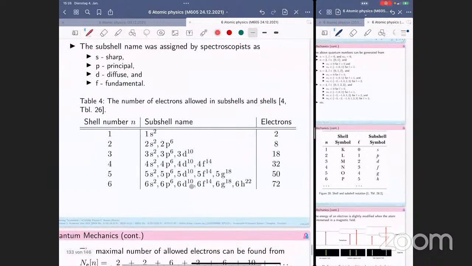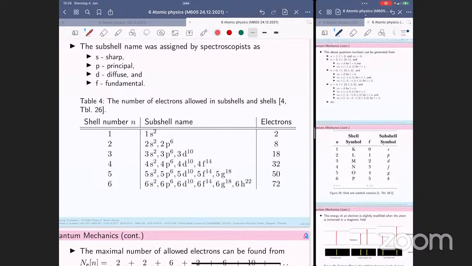You could see that 2n squared should be valid for all of these, right? When n is 1, it's going to be 2.